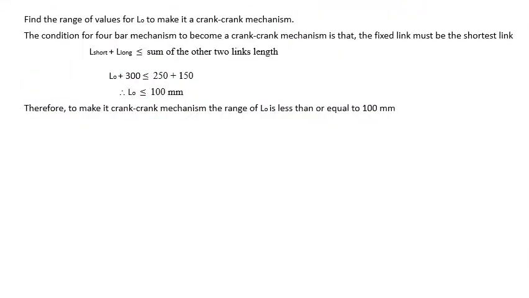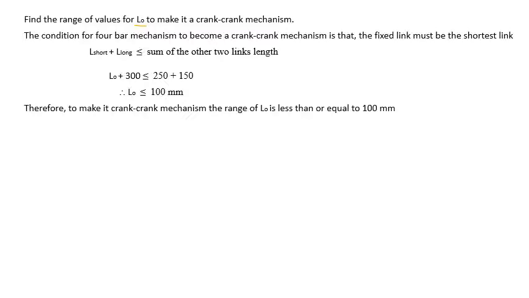So next one, suppose in the same problem they ask to find the value of L naught if it is a crank mechanism or double crank mechanism, then what is the condition? How to solve the problem? We know that the condition for a 4-bar mechanism to become a crank mechanism is that the shortest link must be fixed, right?